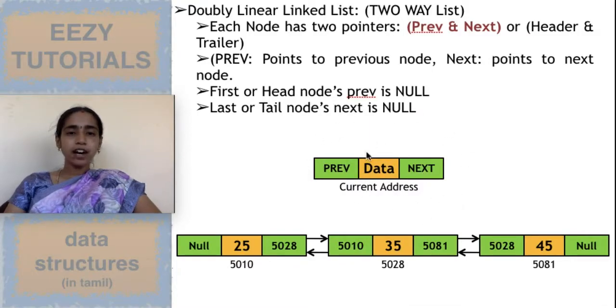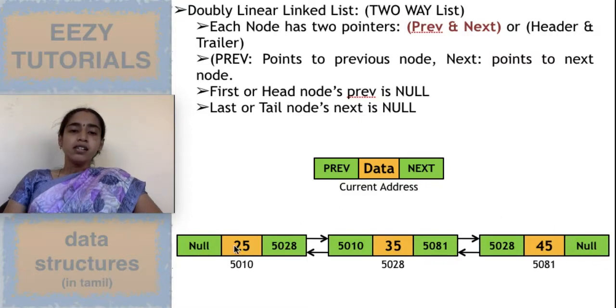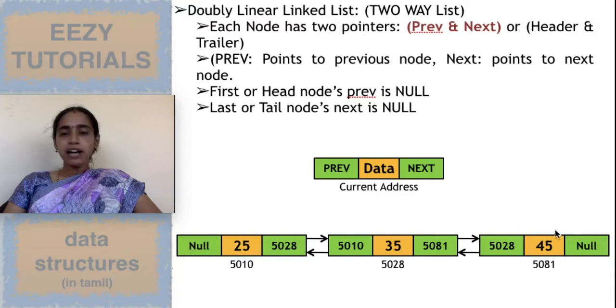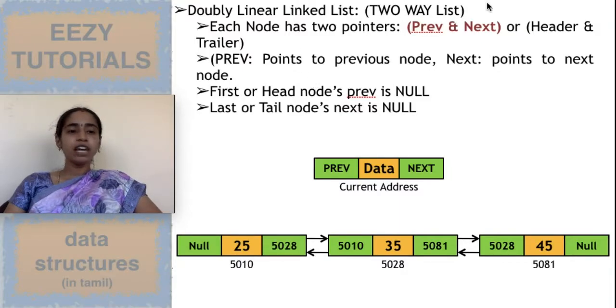Data you will be having along with that. So this is the doubly linked list. In the doubly linked list, the first node's previous part will be null and the last node's next part will be null. If the first node's previous part and the last node's next part are null, that is called a doubly linked list. The other name for a doubly linked list is two-way list.